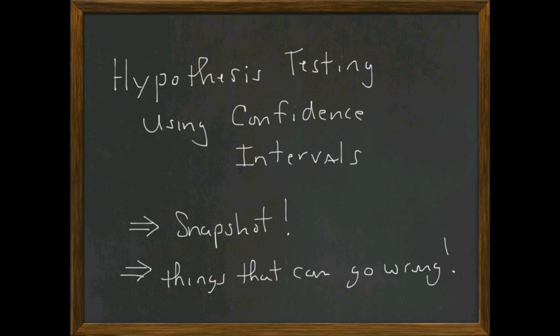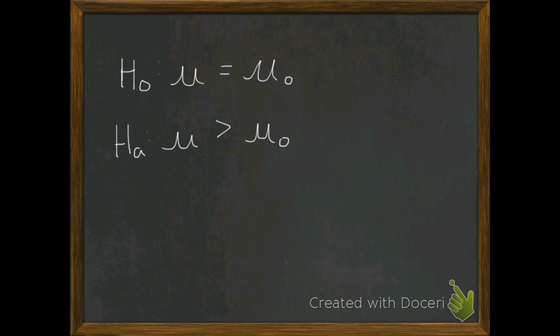Now, let's think about what happens with a confidence interval. For example, if we are testing mu equals some value, let's just call it mu 0, versus mu greater than mu 0, whatever this value may be, and let's say we're testing at 0.05.